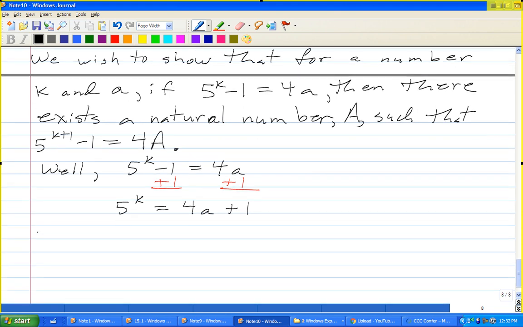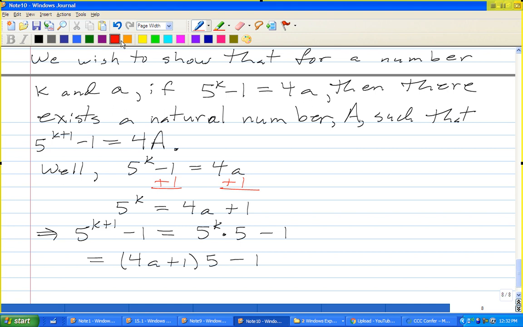Okay, so now let's look at 5^(k+1) minus 1. This is the same as 5^k times 5, minus 1. So this is equal to, well, 5^k is 4a plus 1.